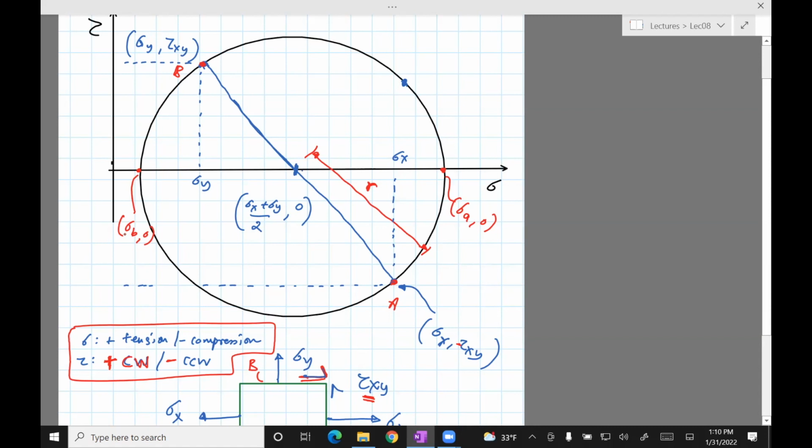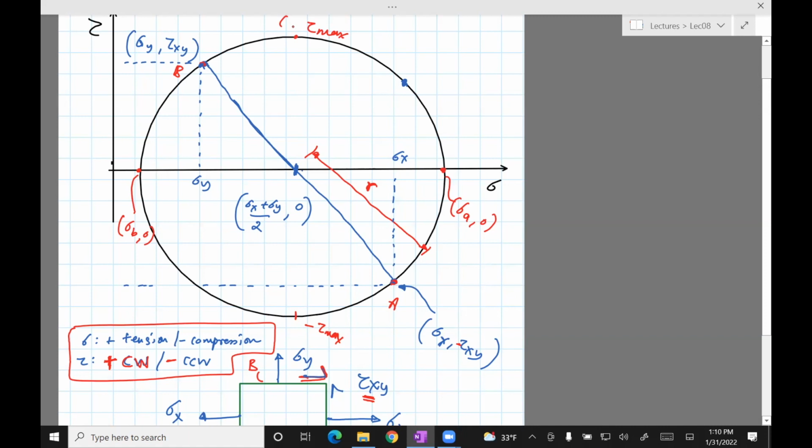And then for maximum shear stress, remember the shear stress is the y-axis. The maximum shear stress will be this point. And the minimum value would be here. So the coordinates of that point would be 0 for the x. Sorry, it's not 0, my bad.